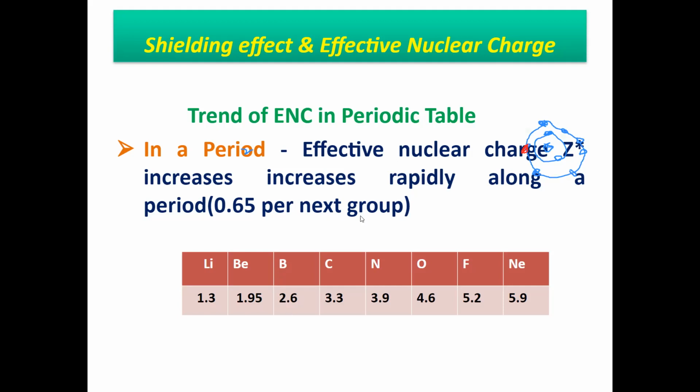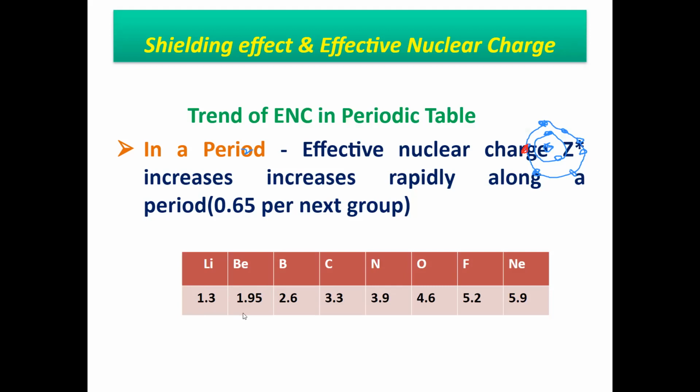So finally, the effective nuclear charge increases rapidly along the period, from left to right, from lithium to neon. It increases regularly, constantly. The difference in effective nuclear charge between two elements is 0.65.